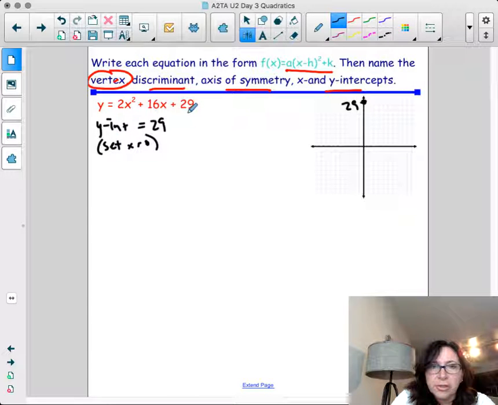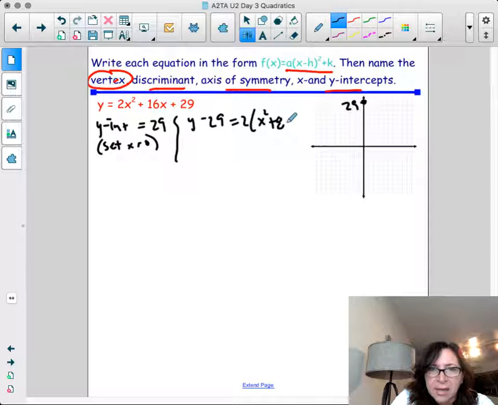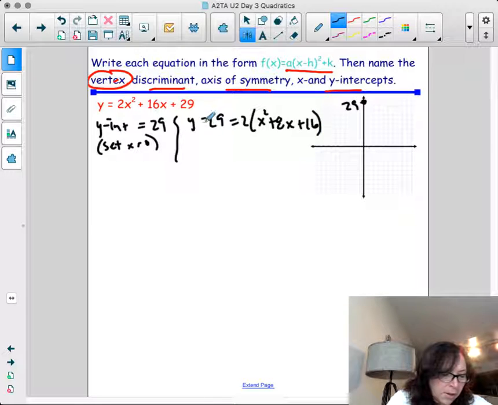In order to put it into vertex form, let's do that next. I'm going to go y minus 29, move this over, equals 2 times x squared plus 8x. Half of 8 is 4. 4 squared is 16. So keep in mind, I'm going to simplify.